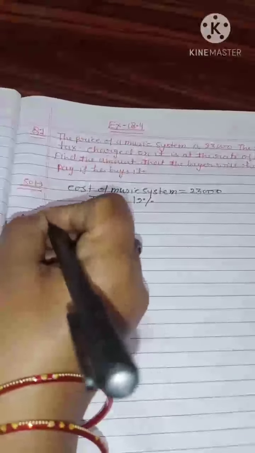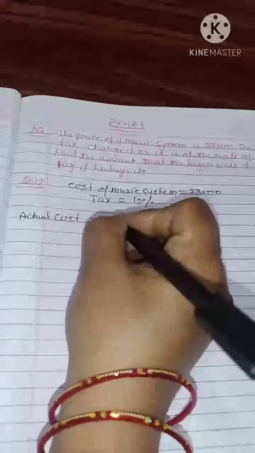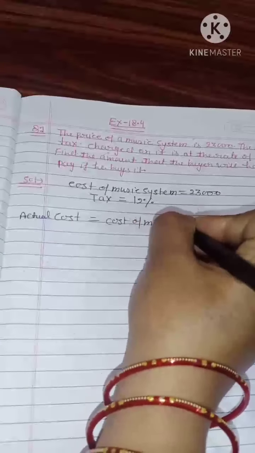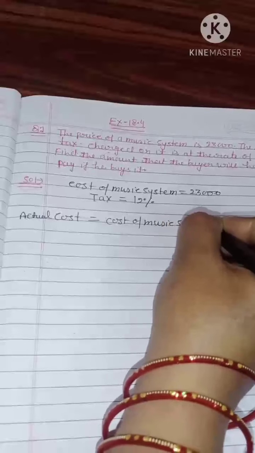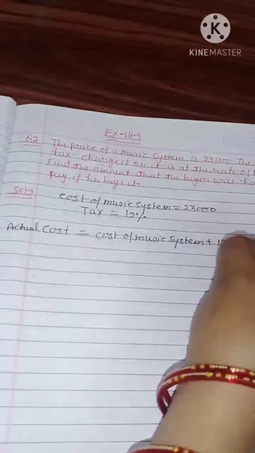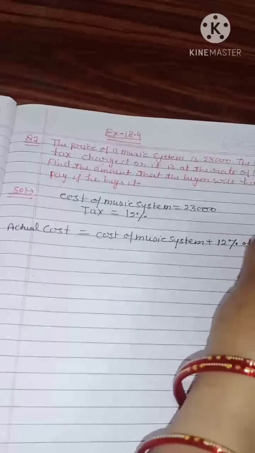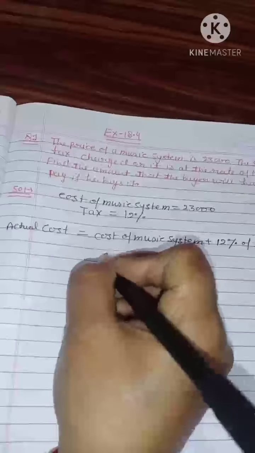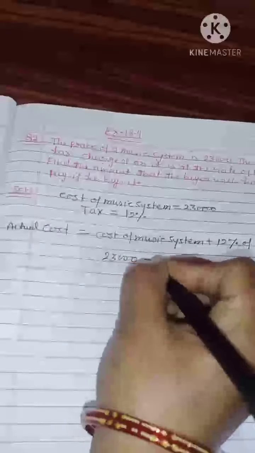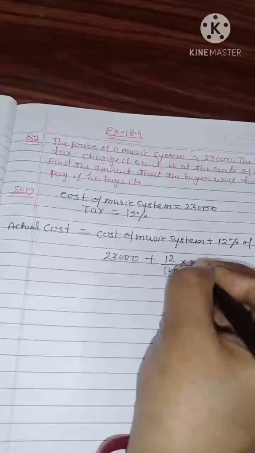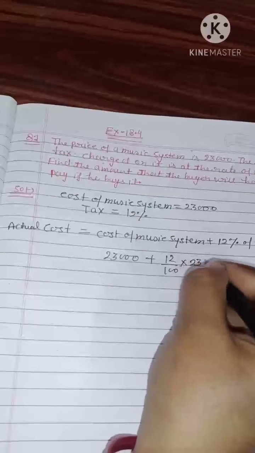Actual cost is equal to cost of the music system plus 12% of 23,000. So the cost of the music system is 23,000 plus 12 upon 100, where 'of' means multiply, into 23,000.